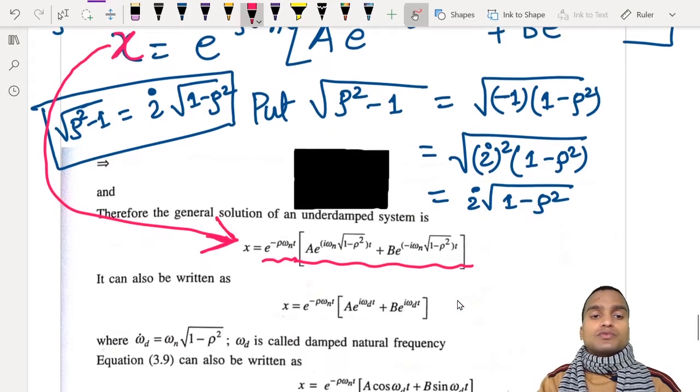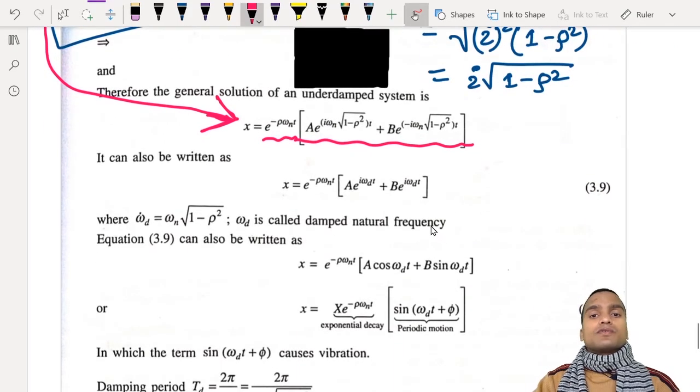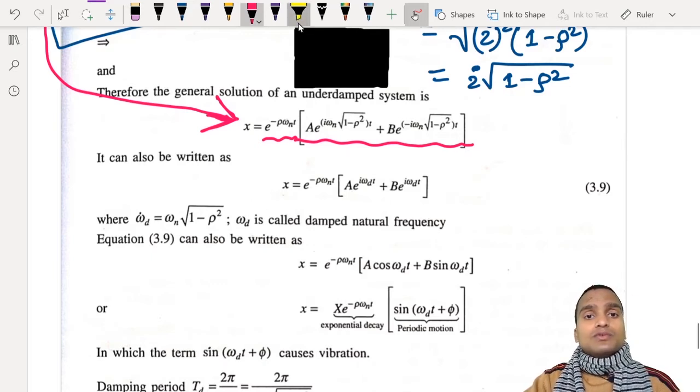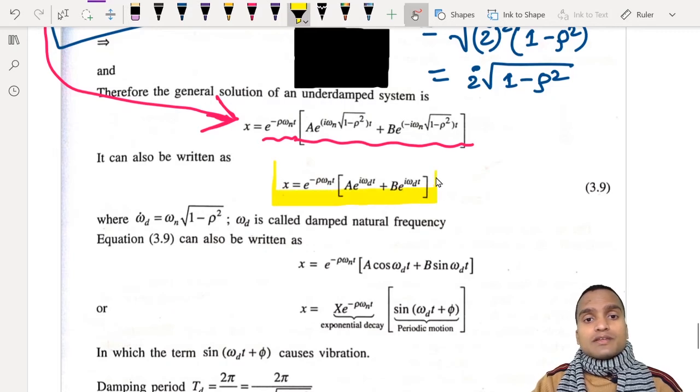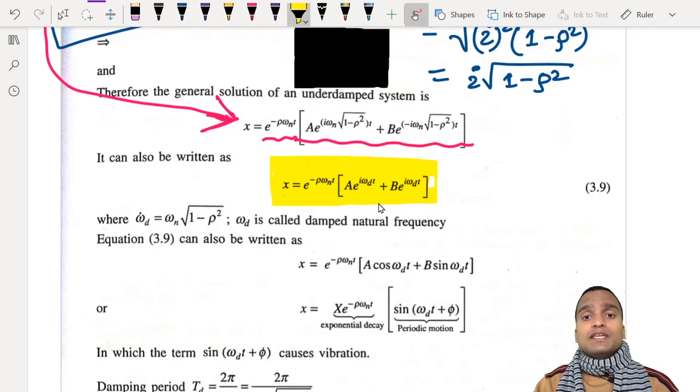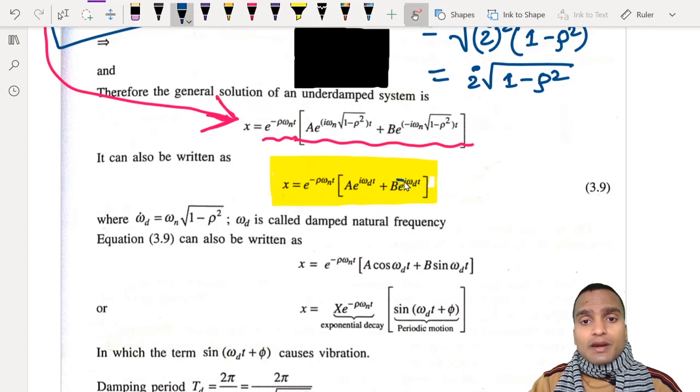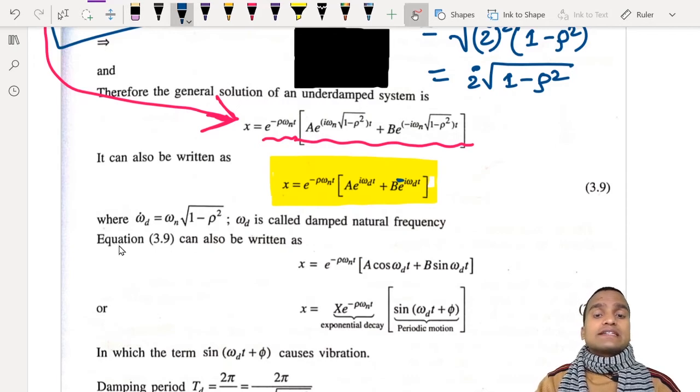So the solution for the underdamped system can also be written as x is equal to e to the power minus rho omega n t into, under bracket, a e to the power iota omega d t plus b into e to the power minus iota omega d t. Now what is omega d? Omega d is called the damped natural frequency.